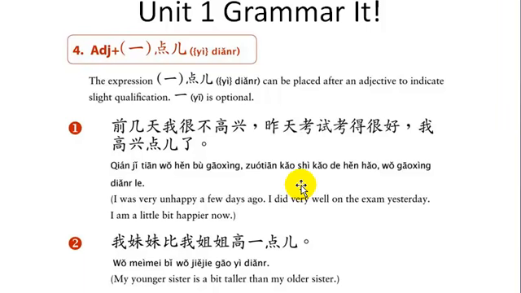Okay, in this unit we also saw the construction of an adjective together with 一点儿. And it's pointing out here the expression 一点儿 can be placed after an adjective to indicate slight qualification. And the 一 is optional. Okay, so you can say 一点儿 or you could just say 点儿. You could say 高一点 or you can say 高点. The 一 is optional.